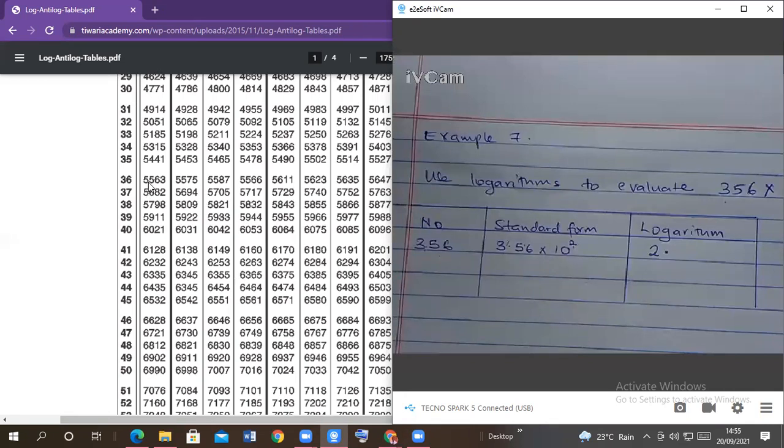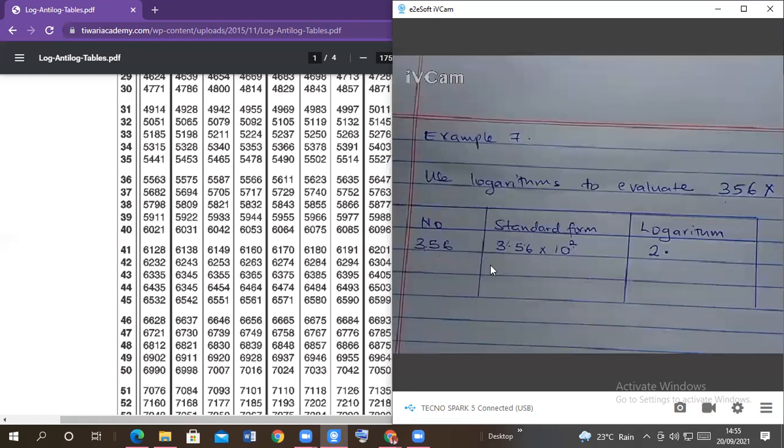The same way they did not put the point here, but we know the point is there. It is 0.5563, 0.5575. So in log tables, they don't put the points there, but you should know those points are there.